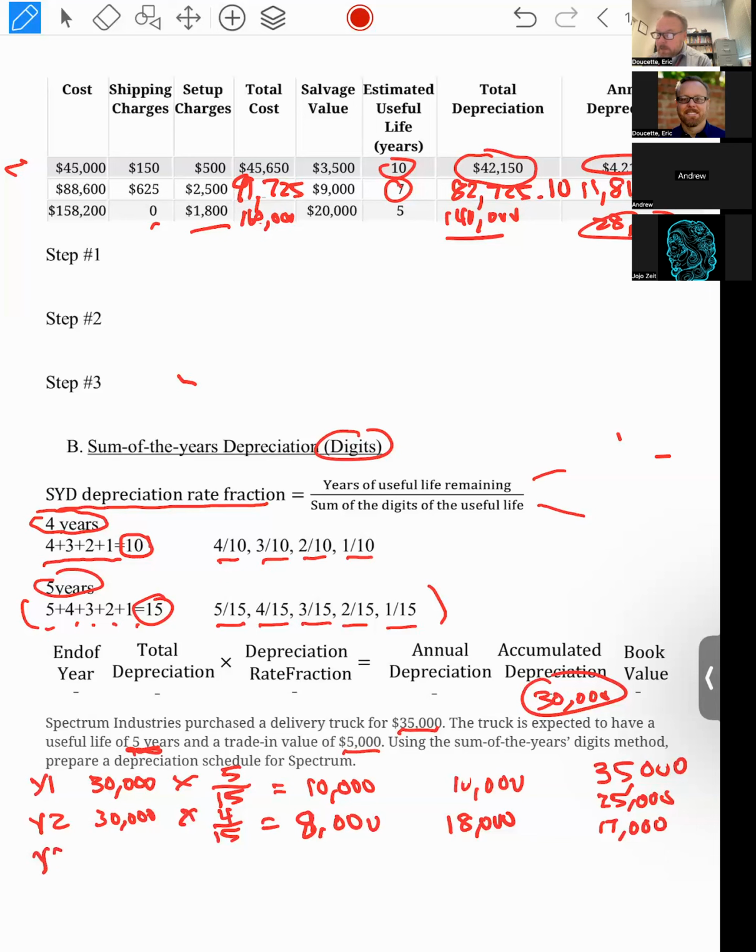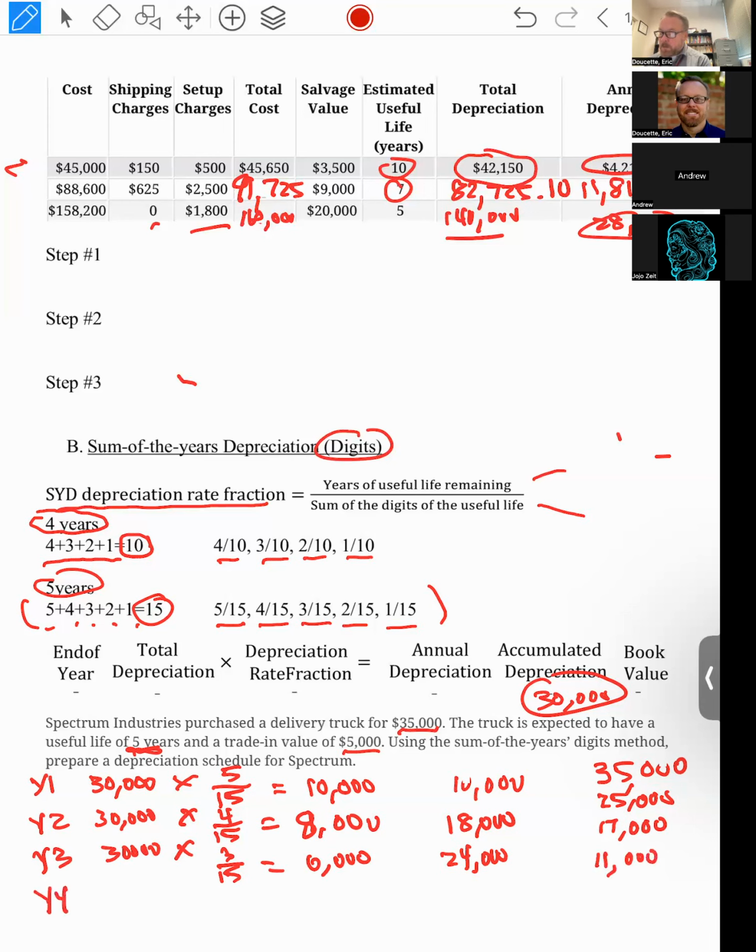Year three, 30,000 again. This time times 3/15 equals 6,000 total depreciation. If I add that to accumulated depreciation, that comes out to 24,000. And if I subtract the 6,000 from the 17,000, that comes to 11,000.